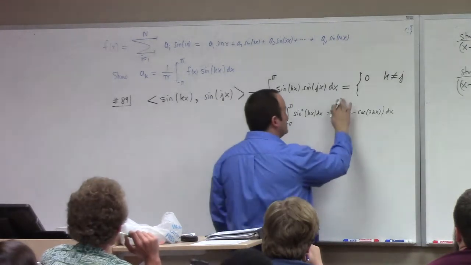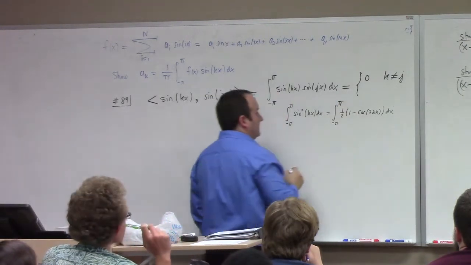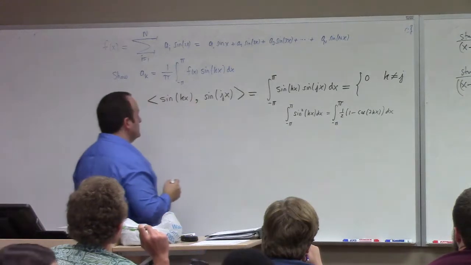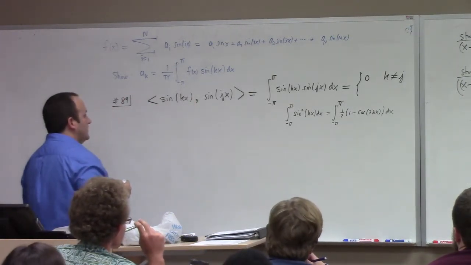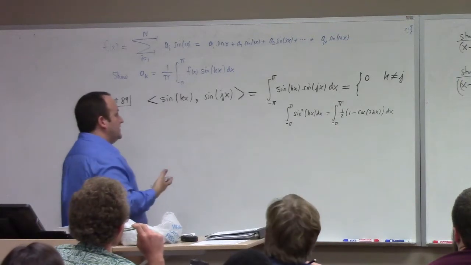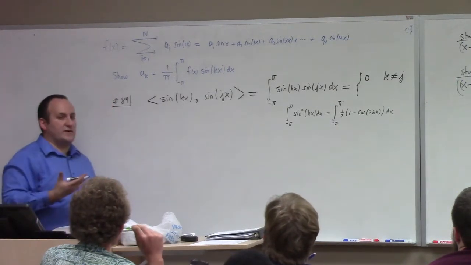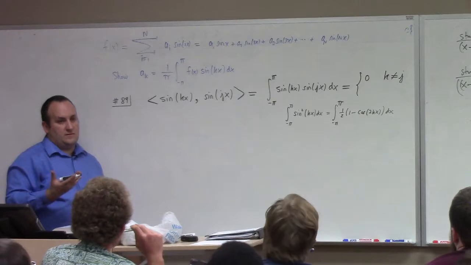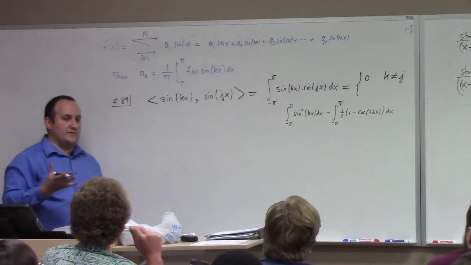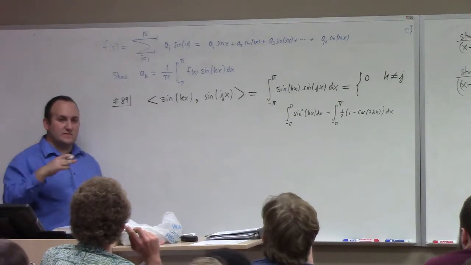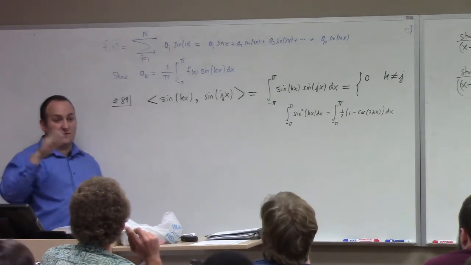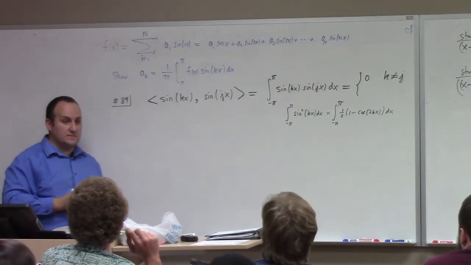Yep. Out of curiosity, what would the dot product of that look like? Because I thought that if it zeroed out, it was orthogonal. Oh, this is the generalization of a dot product to functions. So sine and cosine are kind of like i hat and j hat for functions. They're independent. They're perpendicular in function space.